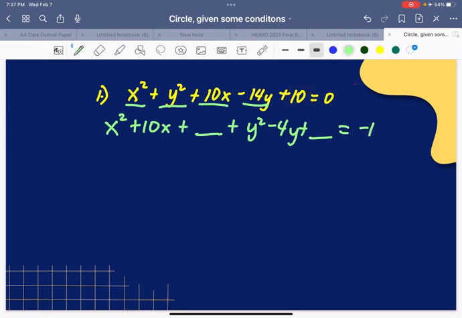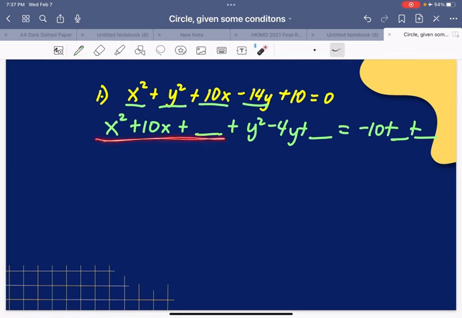Magiging negative 10. So, since dalawa yung blank natin dito, magdadagdag tayo ng dalawang blank din sa kanan. Kasi kung ano yung ginawa natin dito sa left side ng equation, yun din ang gagawin natin sa right side ng equation para equal pa rin.